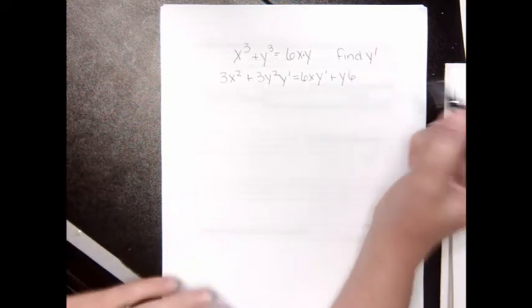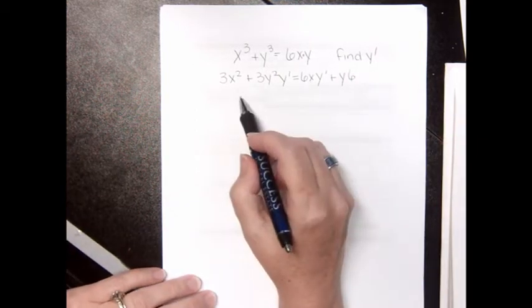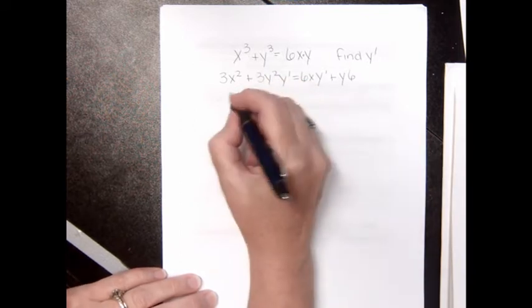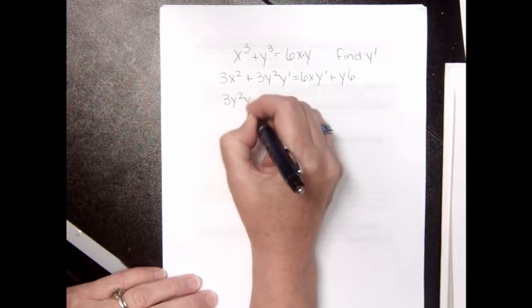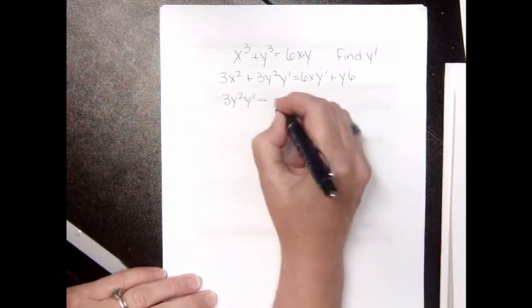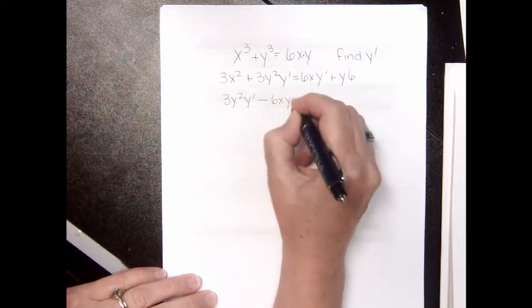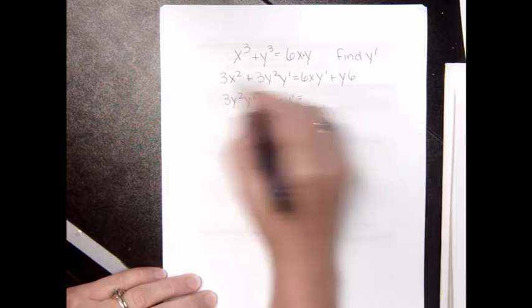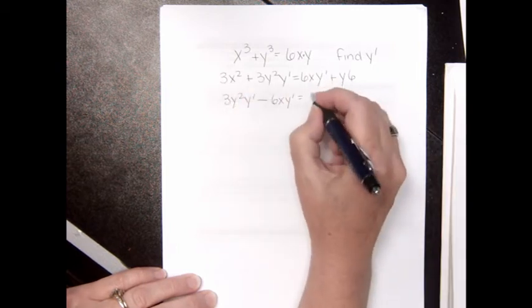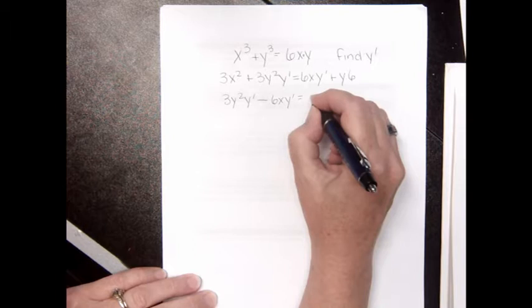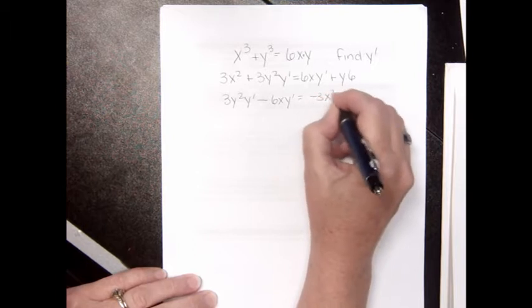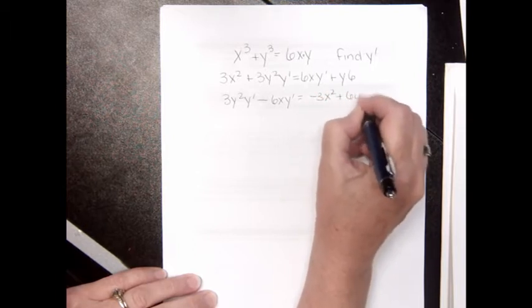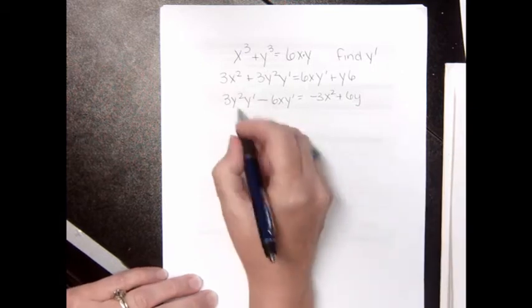Now I want to move all of my y primes to one side so I can solve for y prime. So I have 3y squared y prime, bring this over, minus 6x y prime equals, take my 3x squared over, negative 3x squared plus 6y. And factor out my y prime.